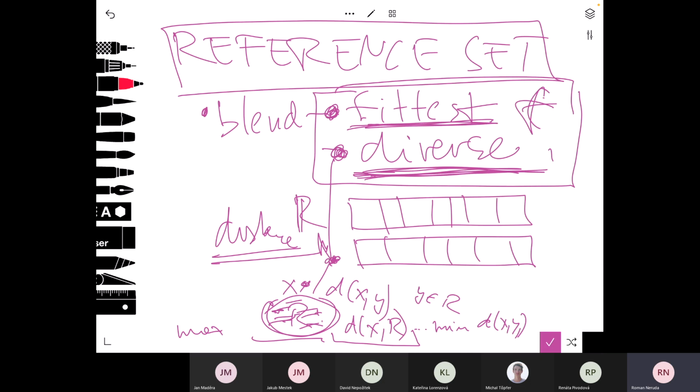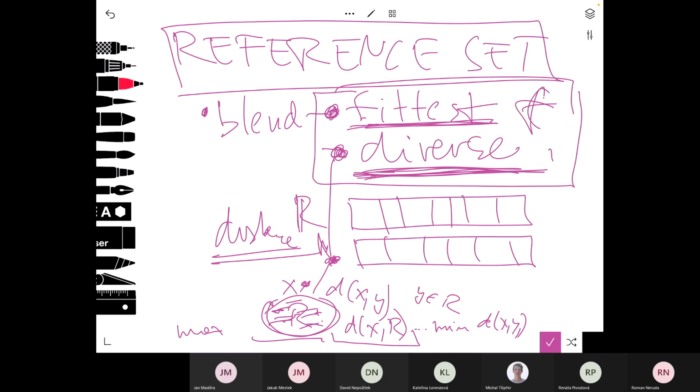Okay, so this is the general principle of how to initialize and update the reference set, but there can be different mechanisms for doing it. There are several versions of the scatter search algorithm.